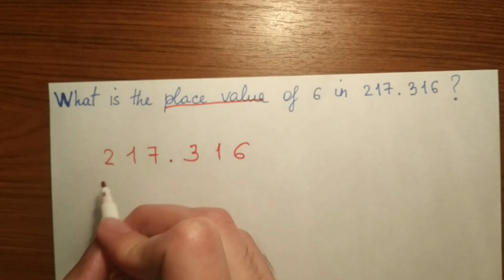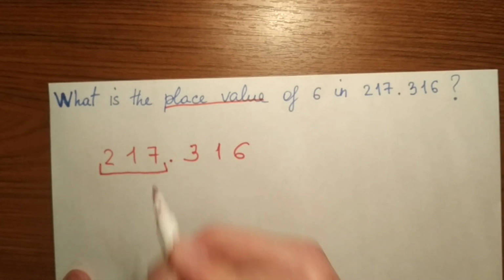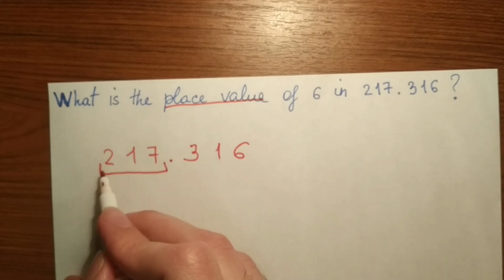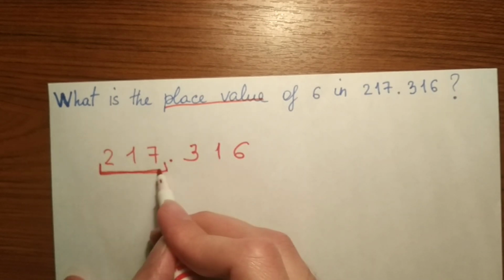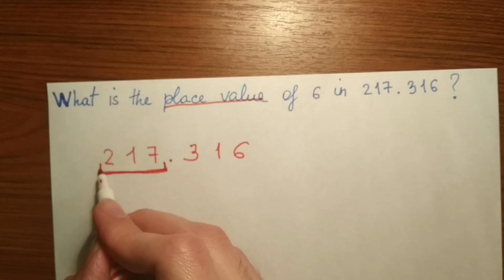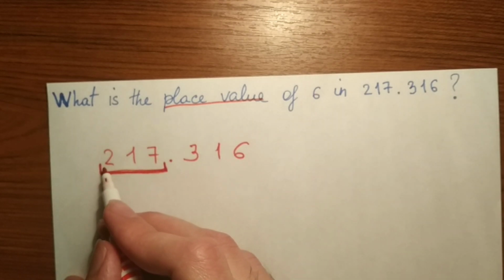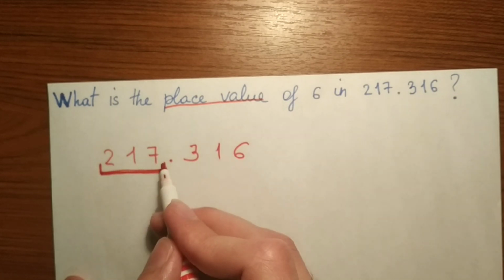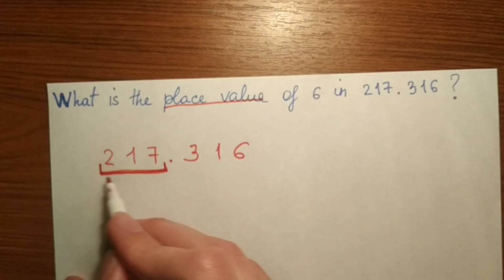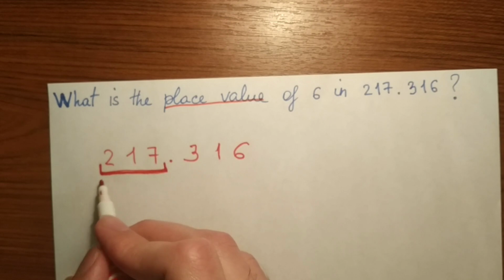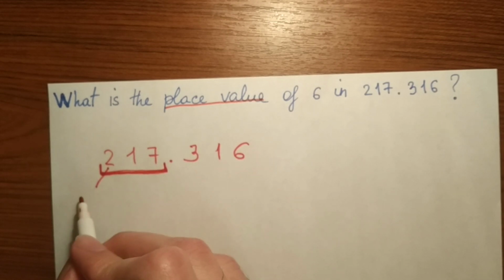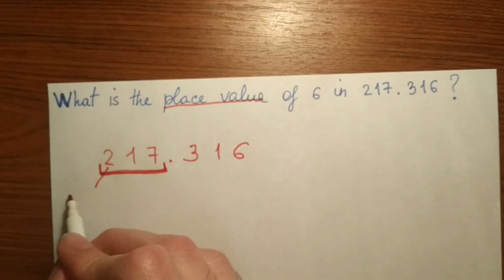Let's focus on this part first, and how we are calling this part. When we call this part, we say 217, and we said 200, and that's why the first number here is going to be hundreds.